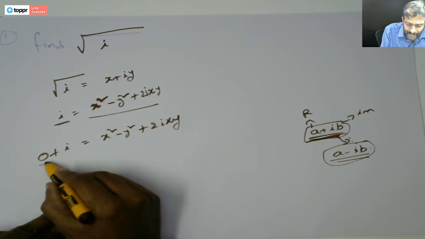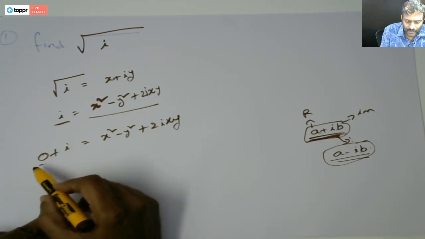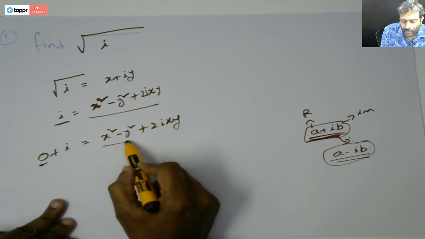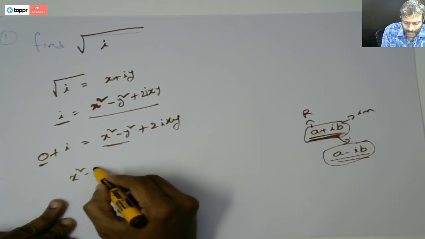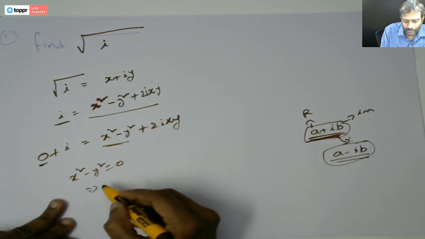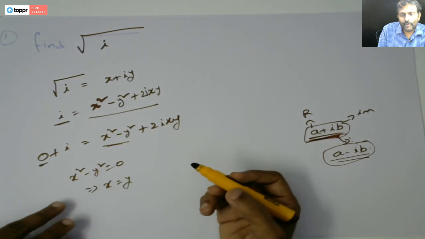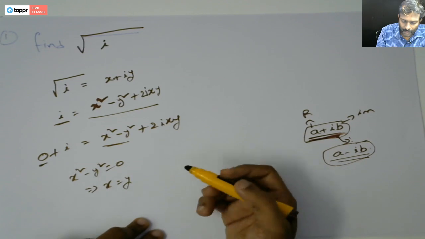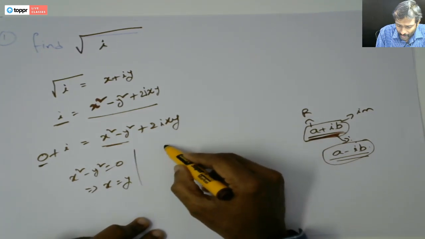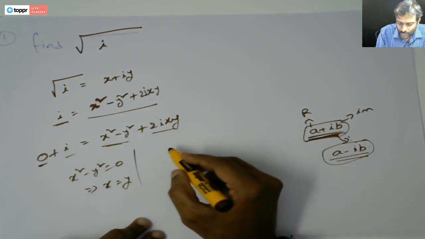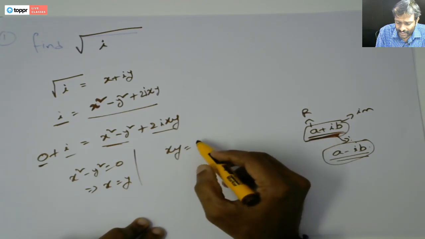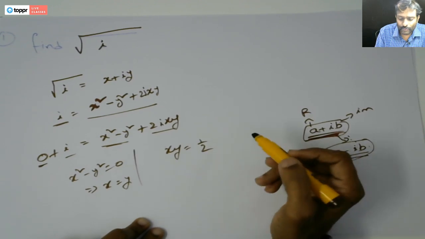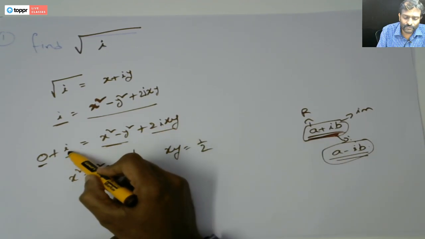Now I can compare these two expressions. My real part is equal to the real part of this equation. So here I get x square minus y square is equal to 0, which gives me x is equal to y, right? And then when you compare these two, I get xy is equal to 1 by 2, because 2ixy and this one is i, right?